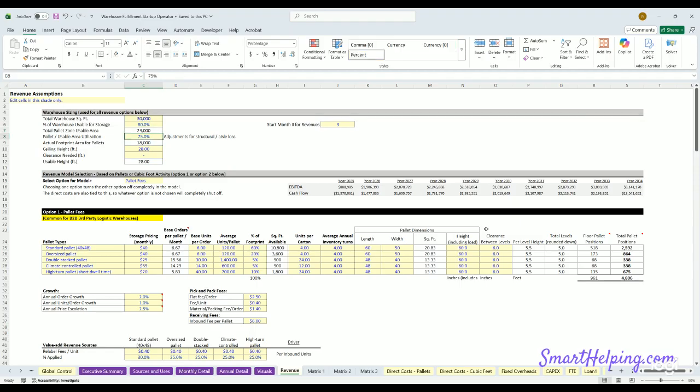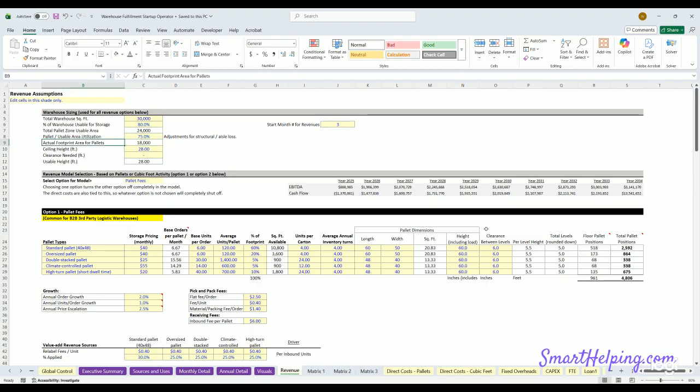And then of that usable area, how much can you utilize for actual space for pallets or bins or what have you. This is for adjusting. You're going to have aisles and different space of the usable area. You can't use 100% of that for space. You got to have aisles and things. So you've got another percentage, and then you have your actual footprint area.